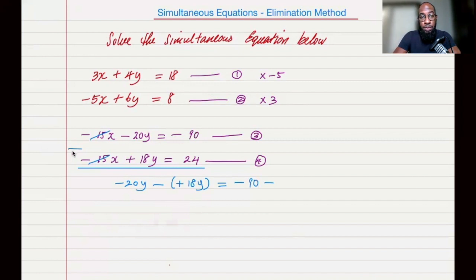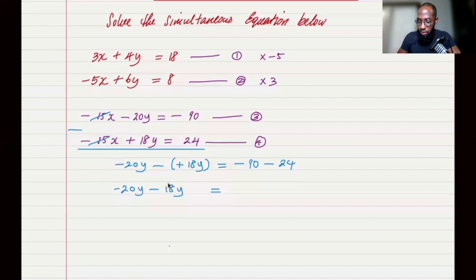minus, that is this minus sign here, 24. All right, so when you're multiplying different signs, it's a minus. So I'm going to write -20y minus 18y. That is equal to -90 minus 24. Use a calculator. That is equal to -114. All right, so -20y minus 18y.